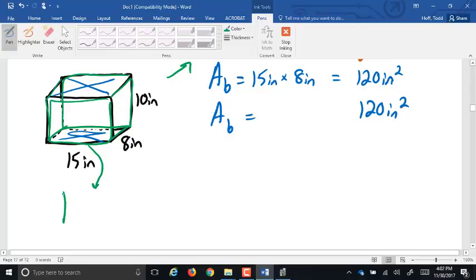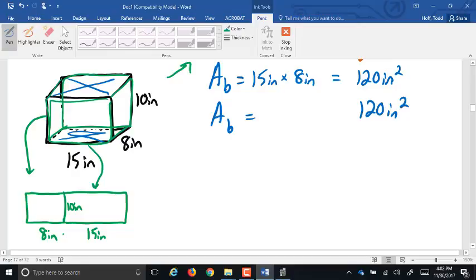The front here is a rectangle that is 15 inches by 10 inches. This end over here, well, it's still 10 inches high, but it's 8 inches. This end here, still 10 inches high, but 8 inches long.